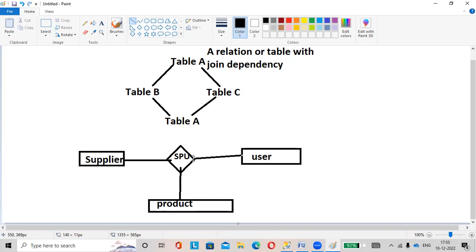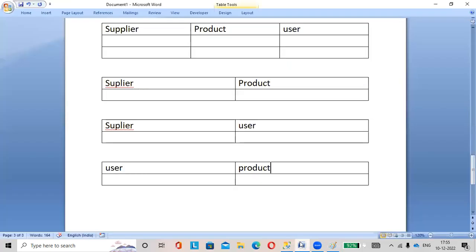So this is known as a ternary relationship, as it involves 3 entities.